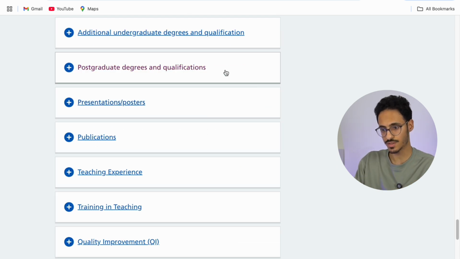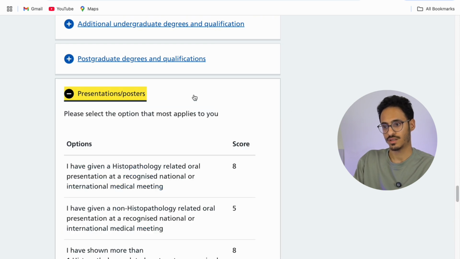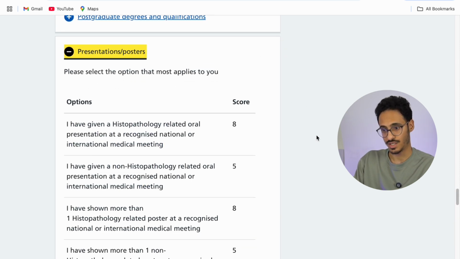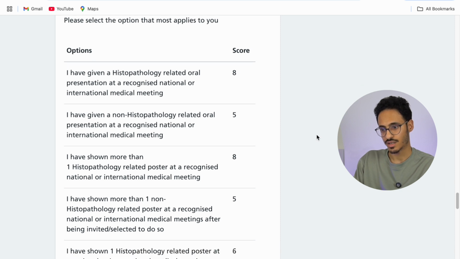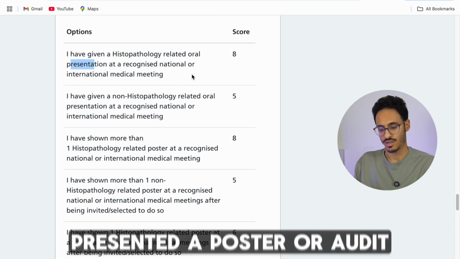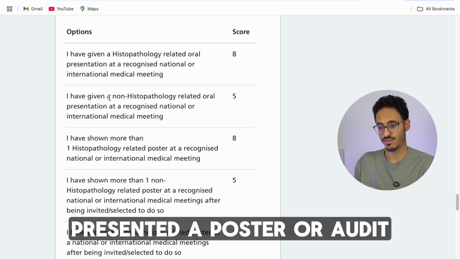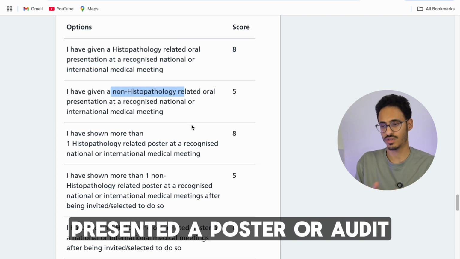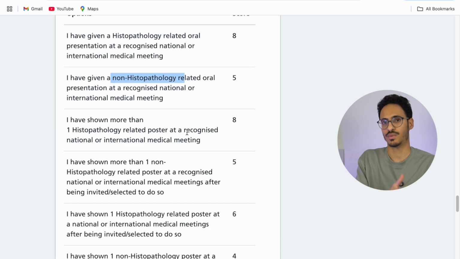Presentations and posters: you will notice that the histopathology related presentations will always score slightly higher than non-histopathology achievements. Let's say, for example, you've done an oral presentation at a conference. If they have given you a certificate, which they usually should, that you've presented X, Y, and Z, you can use that as evidence.